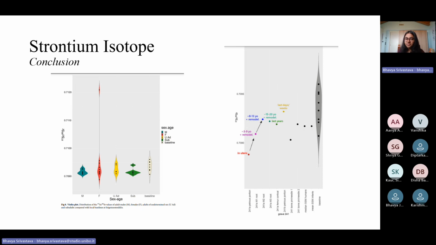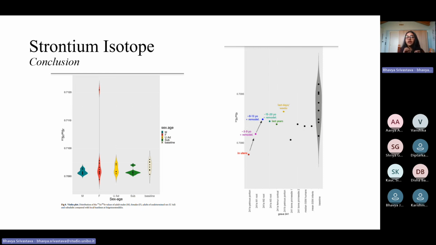And on the left, as you can see, these kinds of graphs are what we call violin charts, which are used in strontium studies. So if you see the right one, it's about that individual burial, and you can see that it's elongated, it's tapering, and it shows movement across the strontium ratios of that woman throughout her lifespan. And this is something that can also be seen in the left chart, from a number of burials, a large sample size.